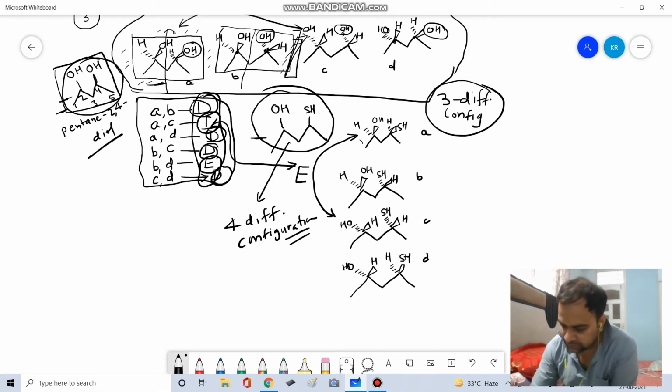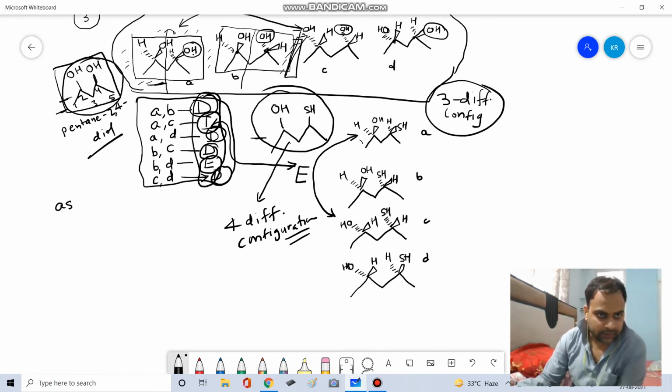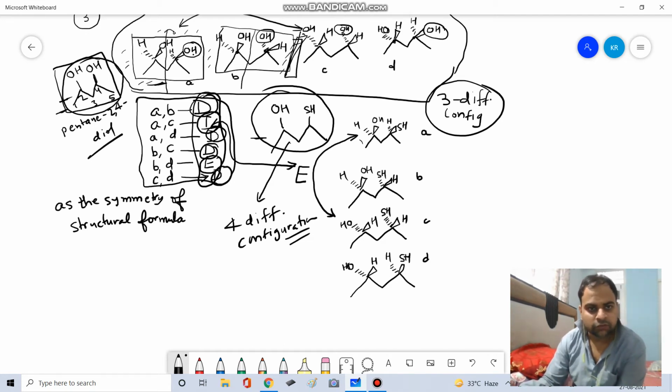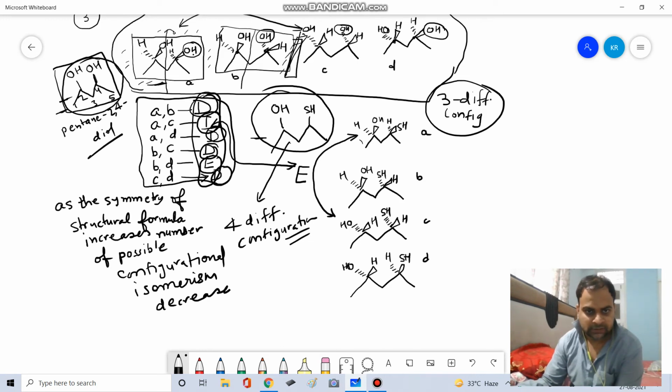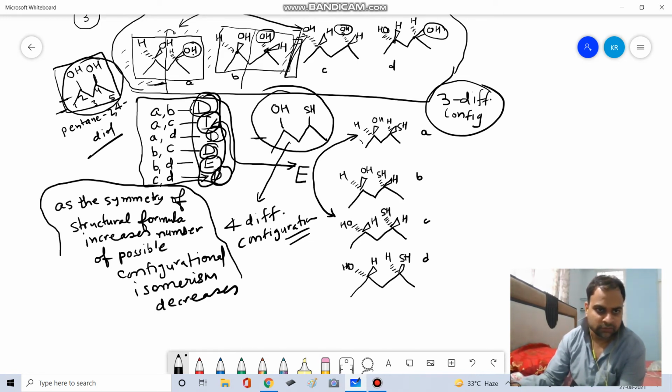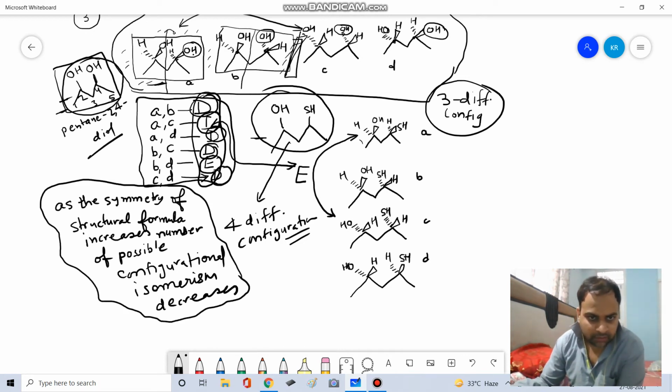So here is a concept. As the symmetry in the structural formula increases, the number of possible configurational isomers decreases.